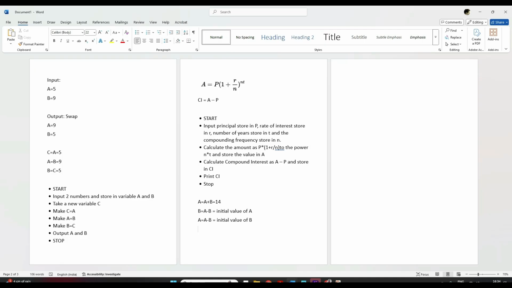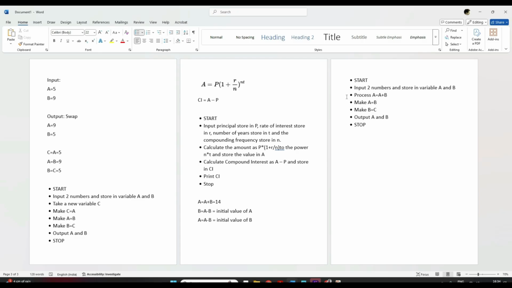So how should your algorithm be? Let me just copy paste this swap. My algorithm will be: start, input two numbers, store in variables a and b. We don't have to take the third variable now. Then process: a is equal to a plus b.